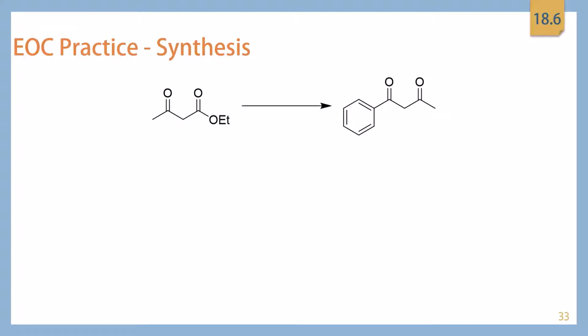Okay, so hopefully you managed to get through this one. It shouldn't be too bad. So this is an acetoacetic ester synthesis. We're trying to make a methyl ketone. So we're going to start off by deprotonating.